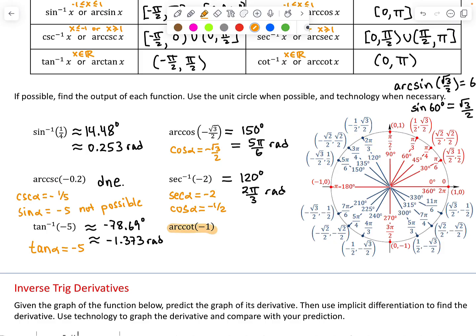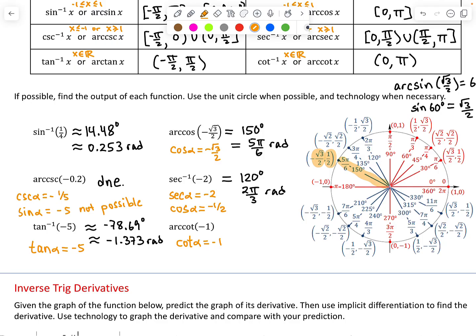And the last one, the arc cotangent of -1. Again, my answer will be somewhere in quadrants 1 or 2, but in quadrant 1, cotangent is positive. So once again, I'm looking for an answer in quadrant 2. We'll call the angle I'm looking for alpha. We know that cotangent of alpha would be -1. And cotangent of an angle is cosine divided by sine. So if I take the first coordinate, which is cosine, and divide it by the second coordinate, which is sine, I'll get cotangent for that angle.